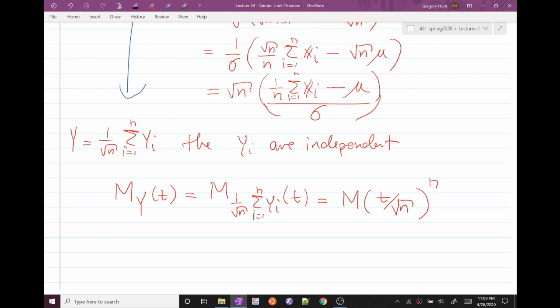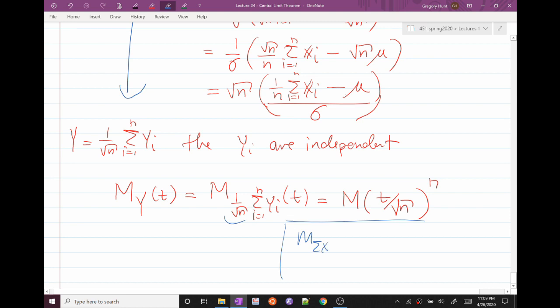That the MGF of the sum of independent, IID things is just the moment generating function of any of them to the nth power. And if we multiply by a constant, way back to just after test 1, we showed that you could just bring the constant into moment generating functions. And so we can write that on the side, right?